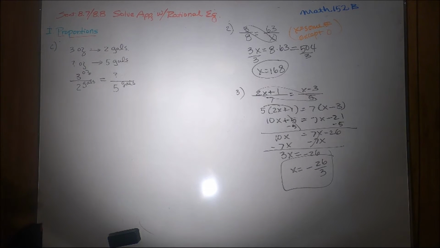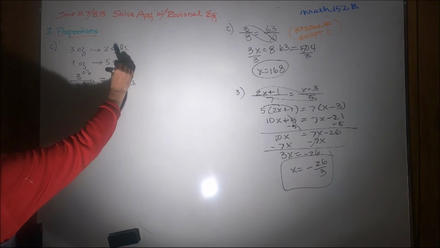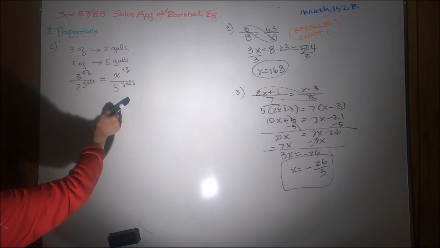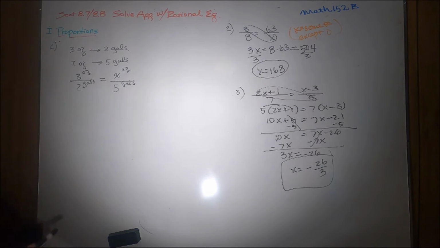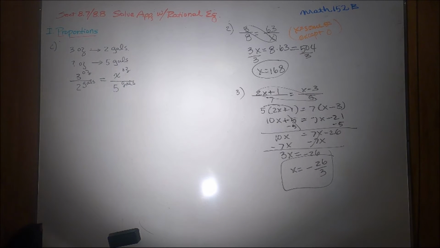So we want to make it proportionally the same as the instructions on the label, right? So for the things we don't know, usually we use what? X. So if we mix x ounces of concentrate to 5 gallons of water, it should be proportionally the same as 3 ounces to 2 gallons, right? So ounce to ounce, gallon to gallon. That's how you write your proportion.